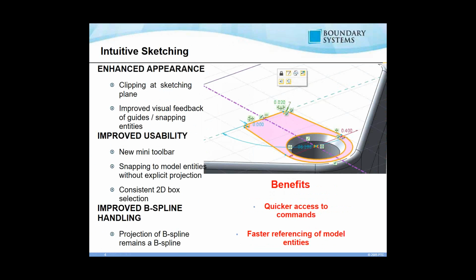You can access it straight from your mini toolbar, and not only that, you can also customize that mini toolbar and add whatever commands you want to it as well. And so really what that means is you spend much less time traveling your mouse up and down from the ribbon, and much more time creating your design and finishing out of Sketcher.